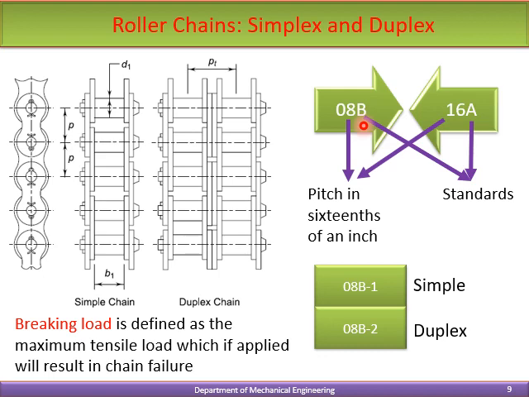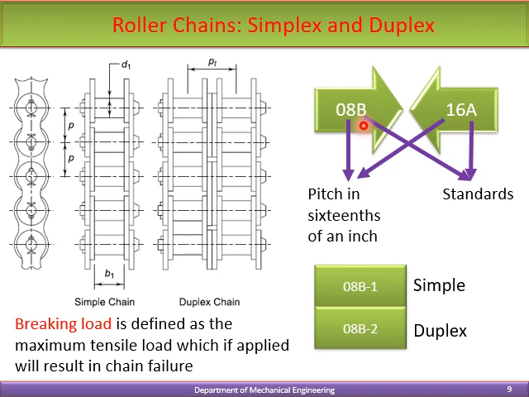The two-digit number expresses the pitch in 16ths of an inch. The letter A means American Standard ANSI series, and the letter B means British Standard series. Most chain manufacturers are American, and their ANSI series is popular in engineering industries.